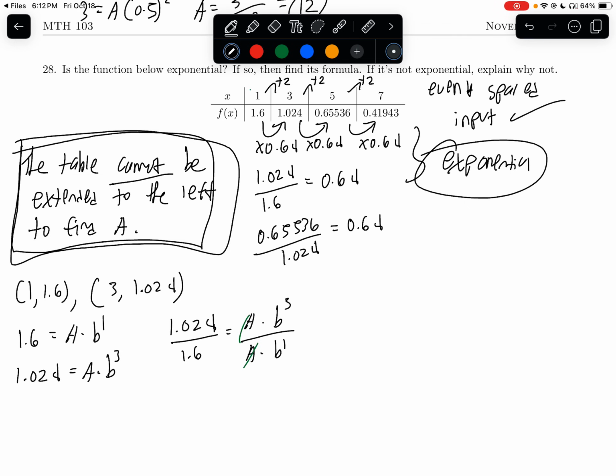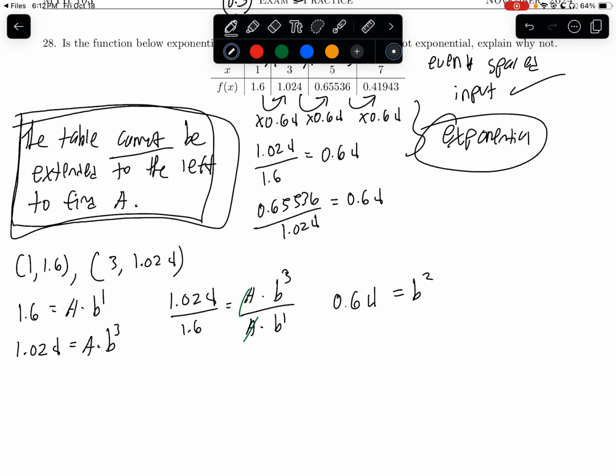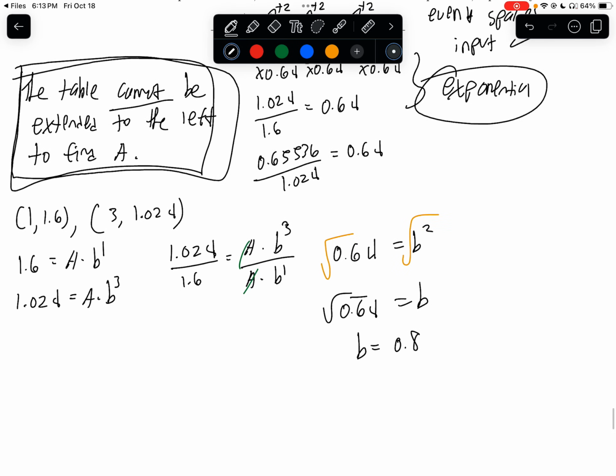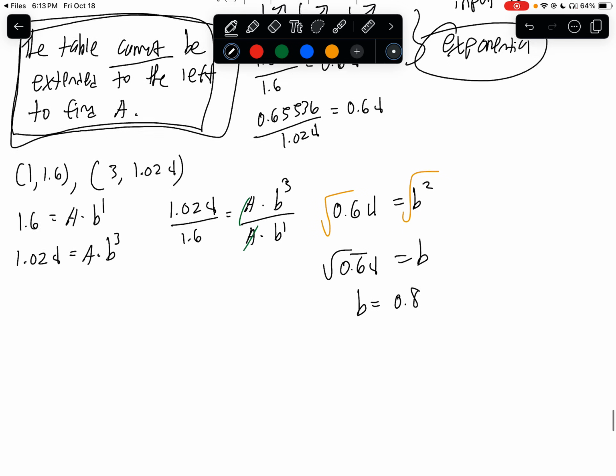On the left, I end up with 0.64 equals b squared, because I have 3 minus 1, and I get the square. And then I can do the square root of both sides, because I have b squared, do the square root, that cancels. So I have the square root of 0.64 equals b, and so b is equal to that number, which is 0.8, if I do the square root in the calculator.